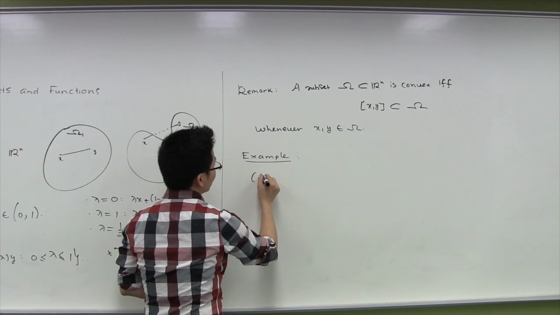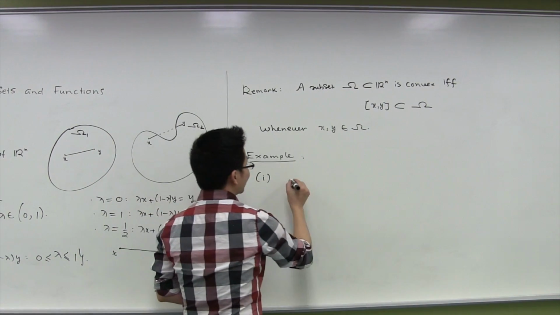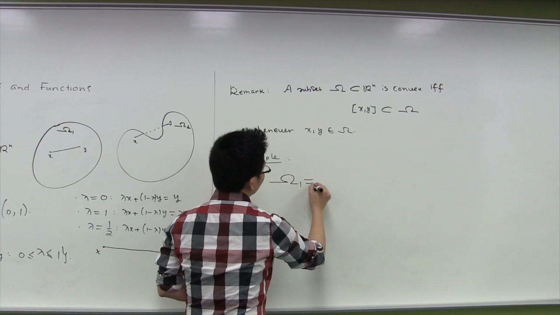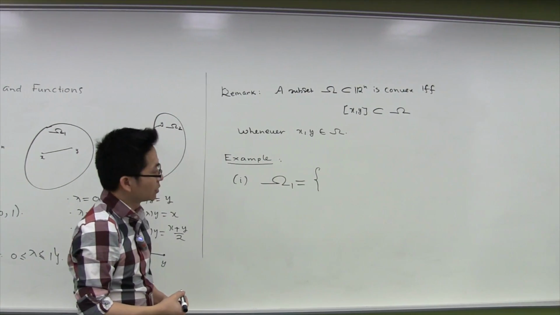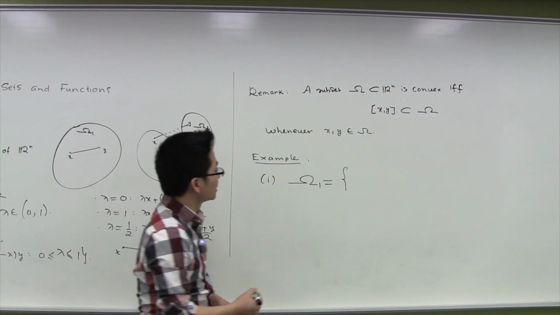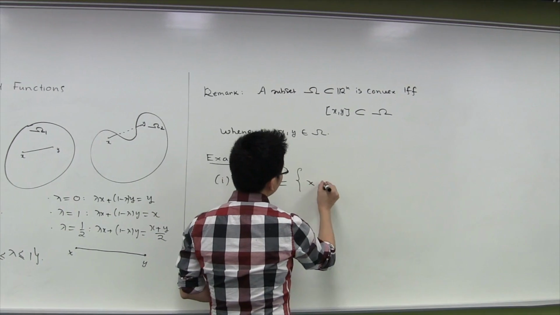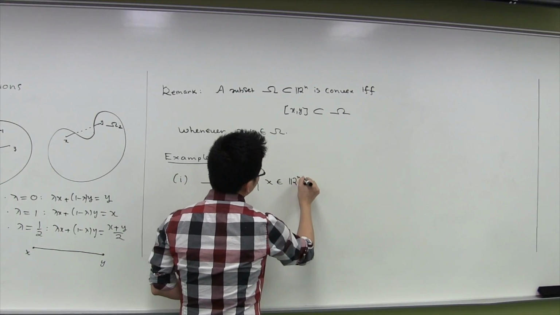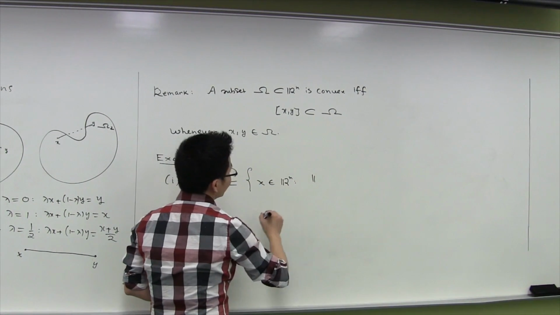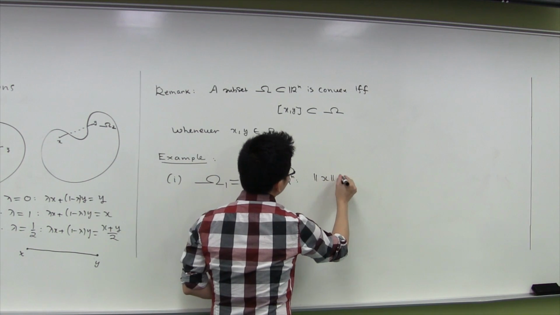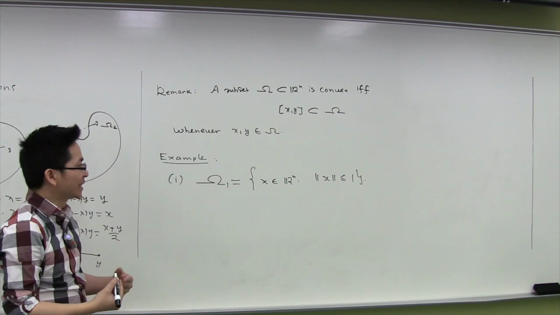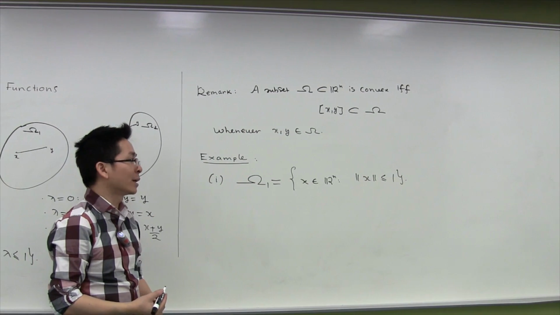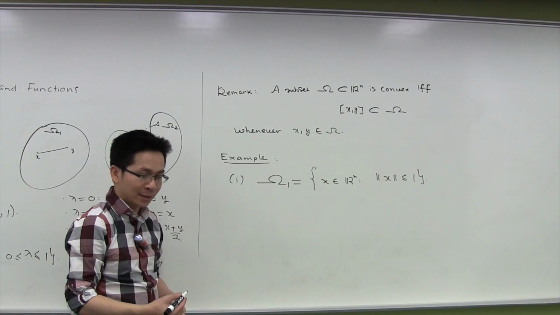In the first example, we define the set omega 1 by the closed unit ball in Rn, that is the set of all x in Rn such that the Euclidean norm of x is less than or equal to 1. Now we can easily see that omega 1 here is a convex set.